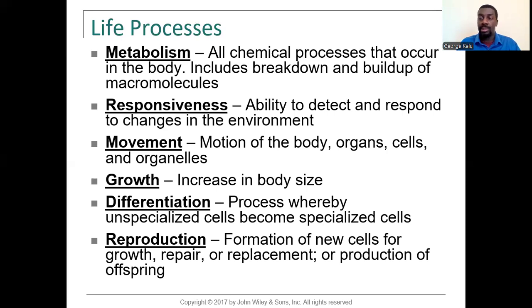So, for example, our cells are constantly going to be dividing in order to help us maintain functions throughout the body, or if a cell starts to fall apart, it's not working very well, it's got to be able to repair itself or create a new cell to take its place in order to keep the organ and organism functioning. Or it's got to be able to reproduce as a whole. So, obviously we're going to have offspring that are going to be needed in order to create the next generation of organisms or species.